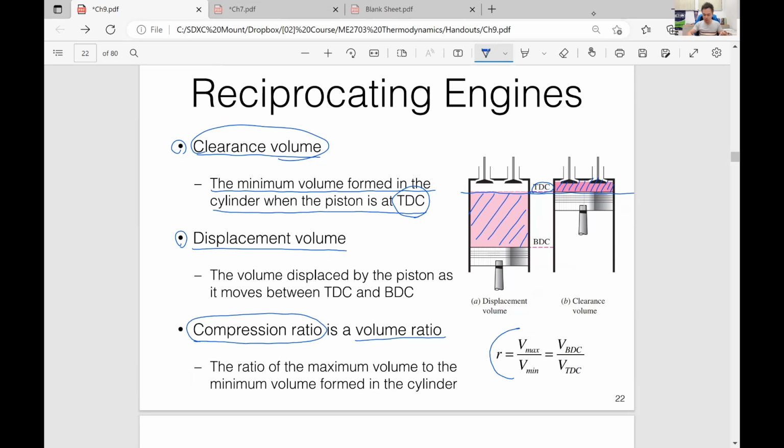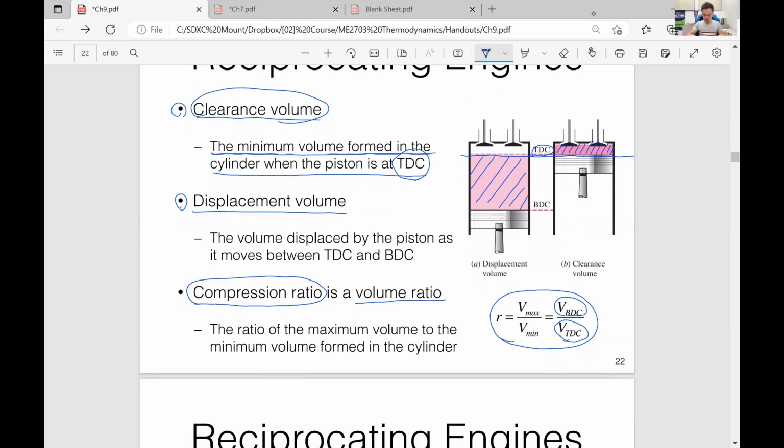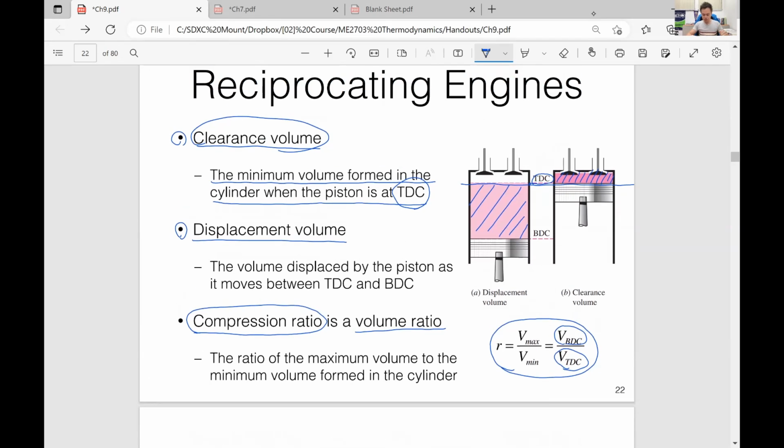It's defined by the maximum volume over the minimum volume, or we could say V_BDC over V_TDC. These are a few names you need to know when we talk about TDC, BDC, or compression ratio, especially the compression ratio.